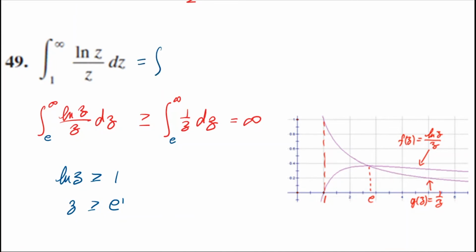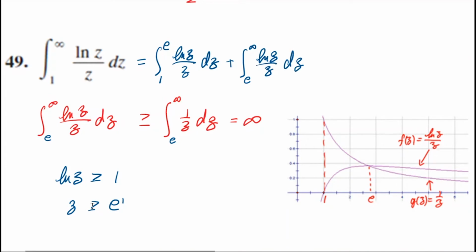This integral is from 1 to e of ln z over z dz, plus the integral from e to infinity of ln z over z dz, correct? Now, this first part is a finite number because there's no vertical asymptote from 1 to e. That's like that area right there.